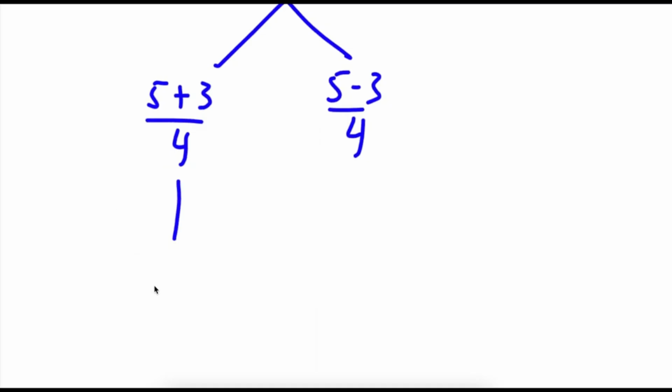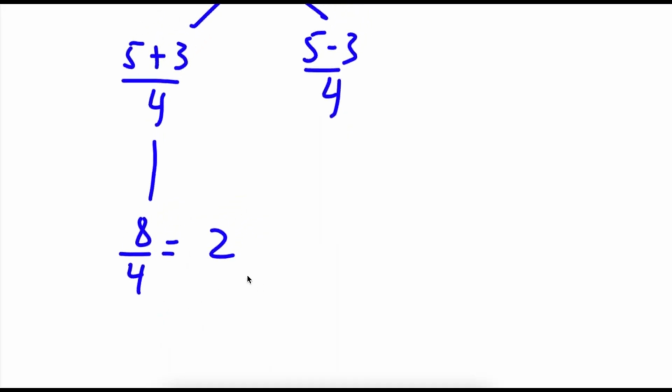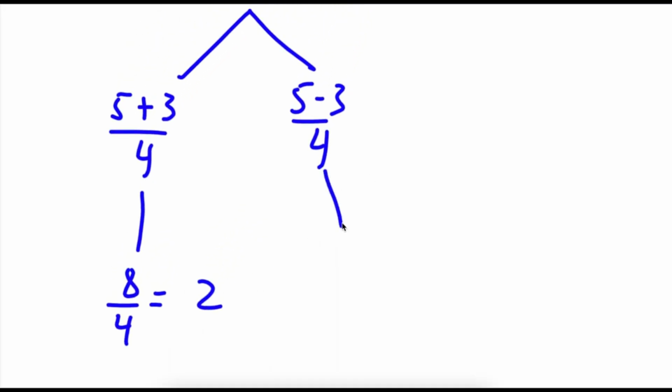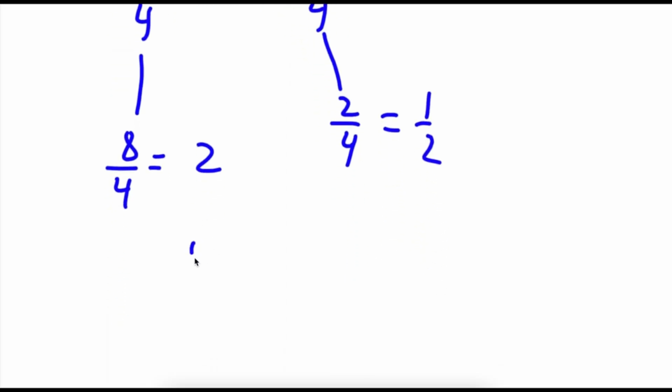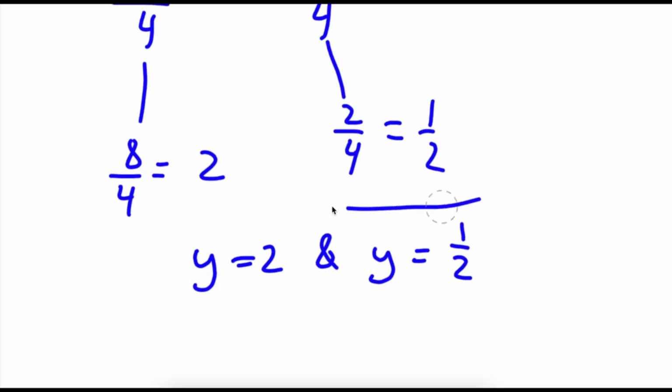So for 5 plus 3 over 4, this is going to equal 8 over 4, which is equal to 2. So y equals 2 is a solution, and for y, 5 minus 3 over 4, 5 minus 3 is 2 over 4, this is going to equal 1/2. So my two solutions of y are y is equal to 2 and y is equal to 1/2.